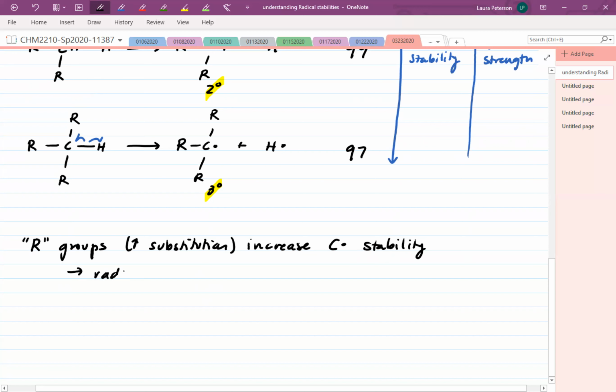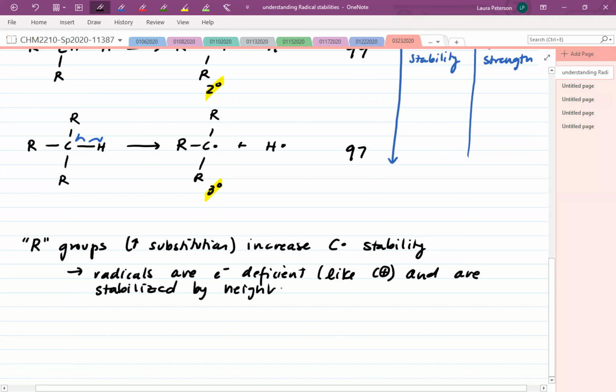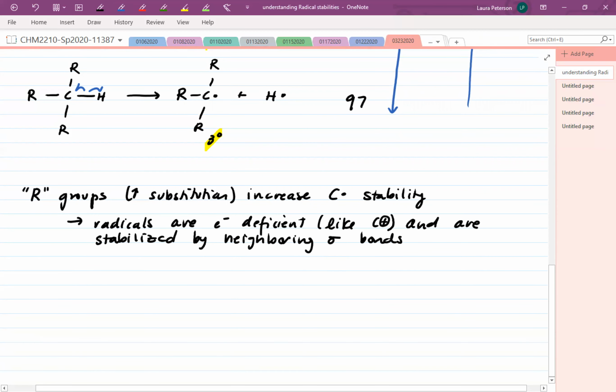Radicals are electron deficient like carbocations and are stabilized by neighboring sigma bonds. Let's think about what that is, right? What did we just describe? The carbon radical is stabilized by adjacent carbon-hydrogen or carbon-carbon sigma bonds. So we just described hyperconjugation.